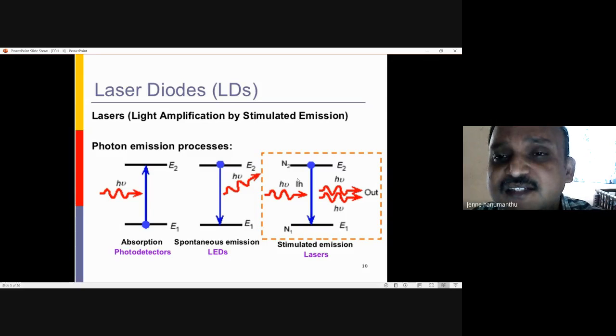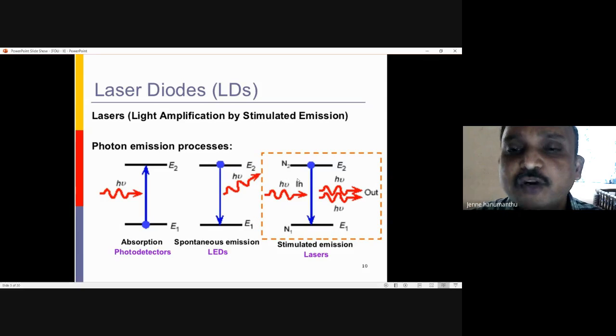If more atoms are available in the high energy state, like E2, they will come down towards E1 so that some h nu, some photons, are released, which is radiation having high intensity. So you have to create a population inversion with the pumping process.